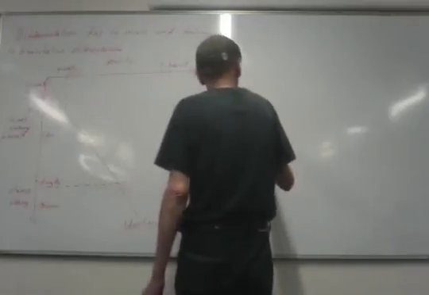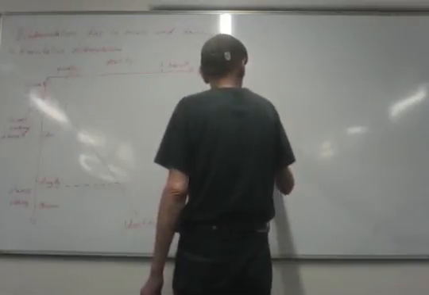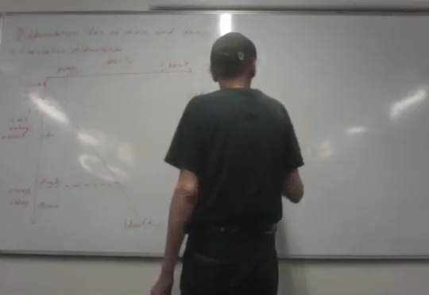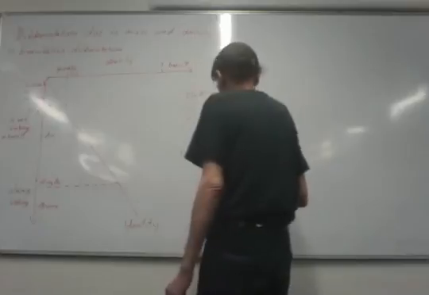Then you have the density of your melt minus the density of your crystal divided by nu, and that's the viscosity.